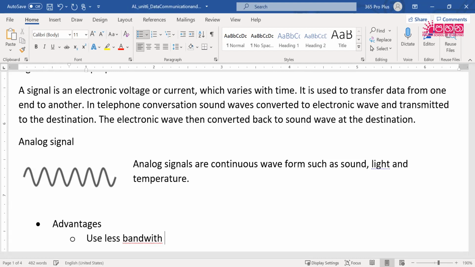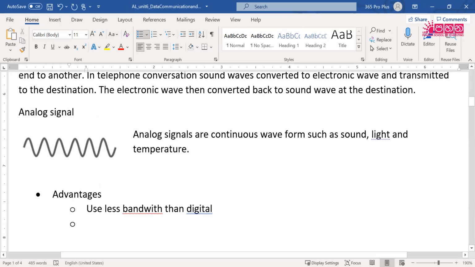I will explain what bandwidth is. Accuracy is high.